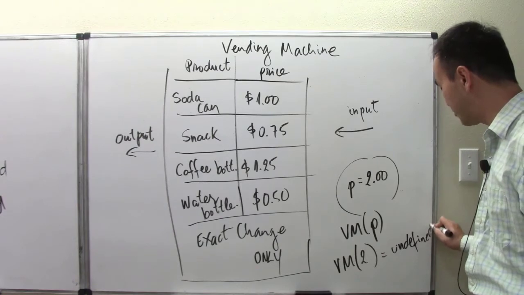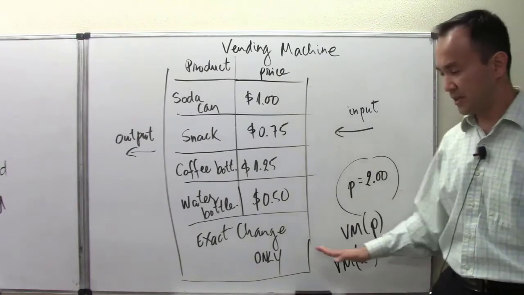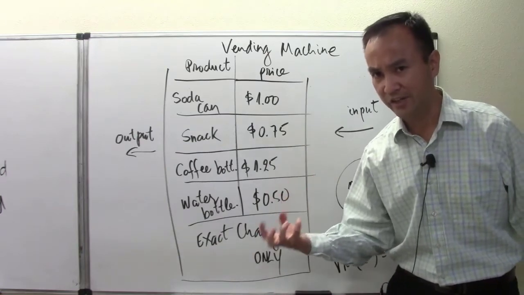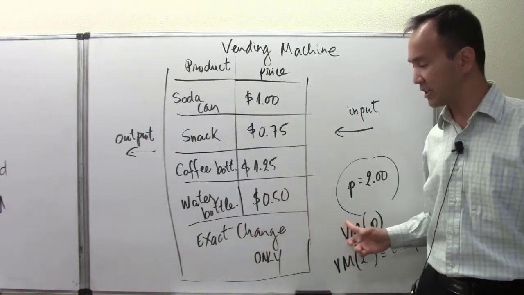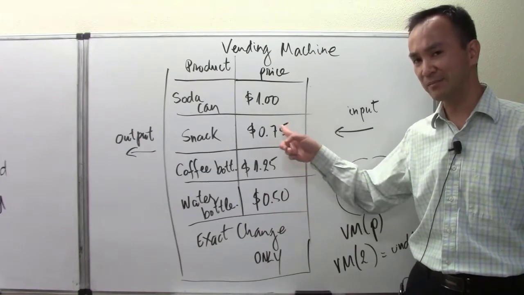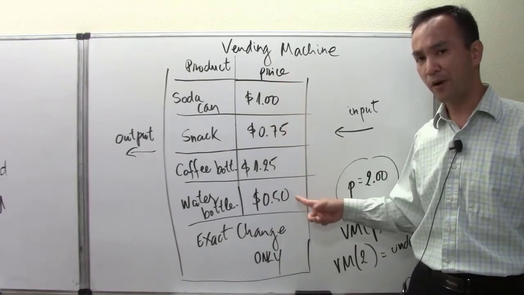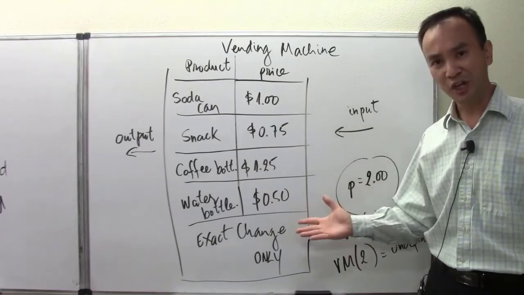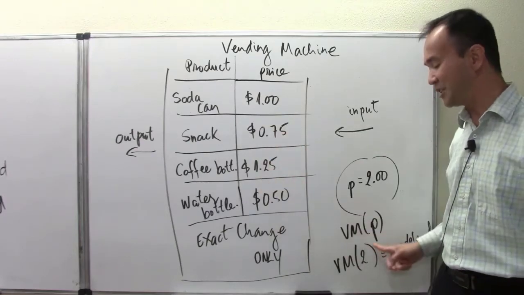So how do I know it's undefined? Because, first of all, the machine takes only exact change. So if you're giving $2, do we have a product that matches this price? We don't, and that's where it says undefined.